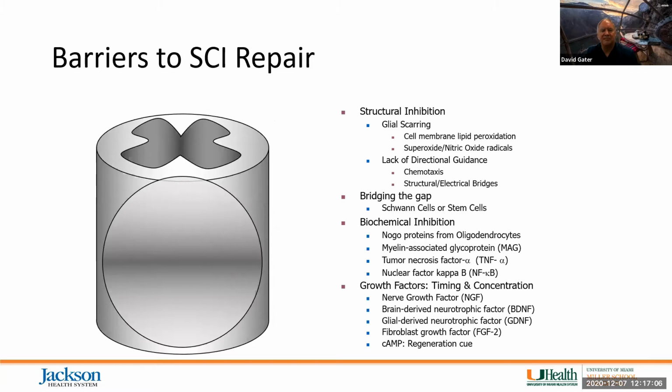So we talked about what happens within the spinal cord. Recognize that, why don't we just fix it? Why don't we just cure a spinal cord injury? Well, recognize that soon after the spinal cord injury, there is a significant amount of glial scarring.